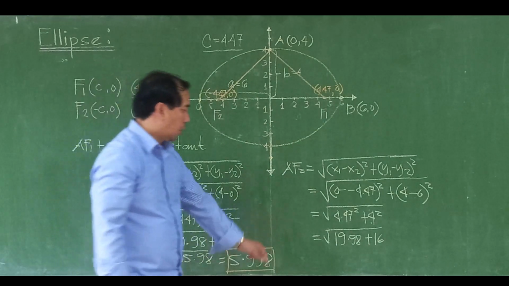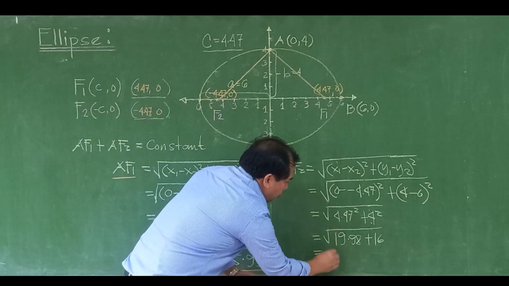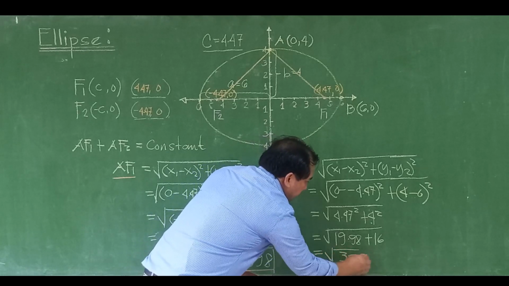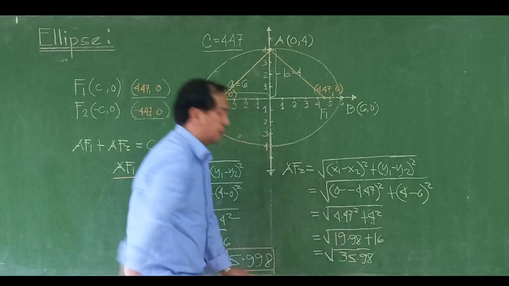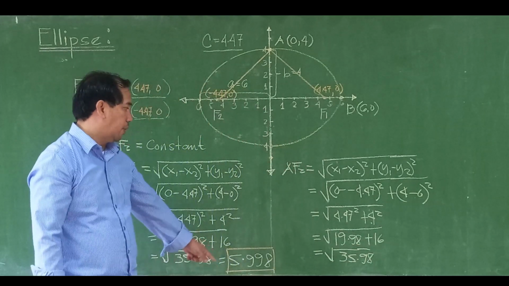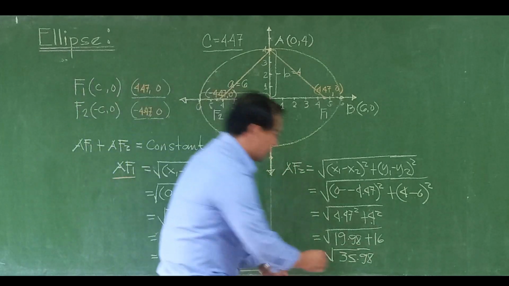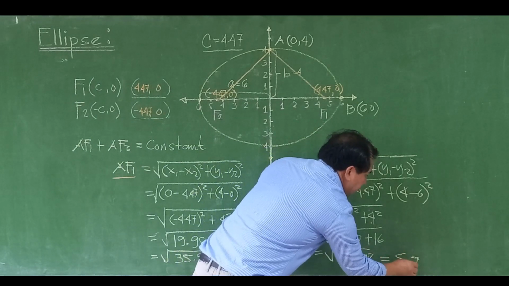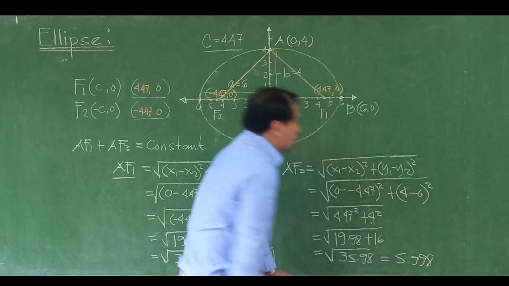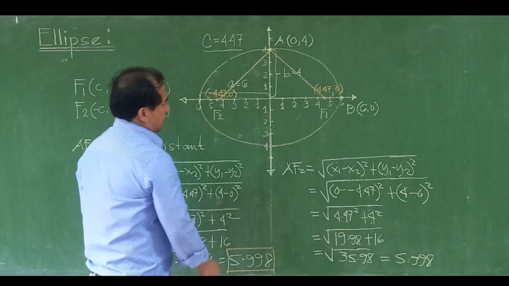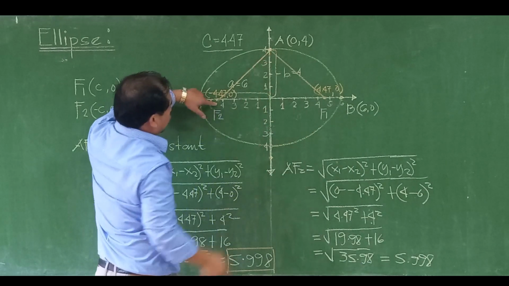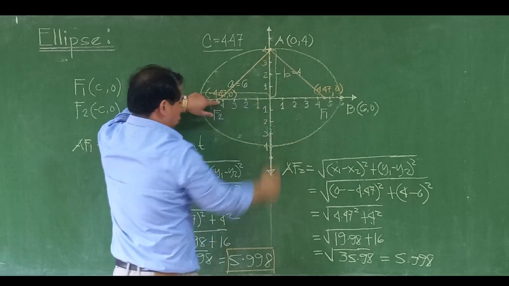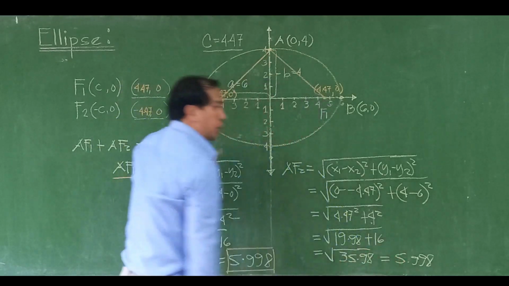And so, if you're going to add them, it will give you now the square root of 35.98. And what is the square root? The square root is the same as 5.998. So meaning to say the distance between point A to focus 2 is the same as 5.998.